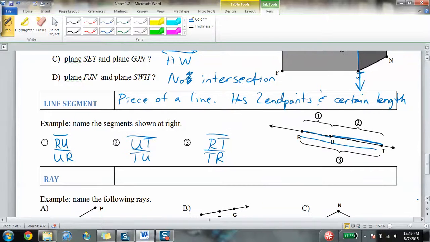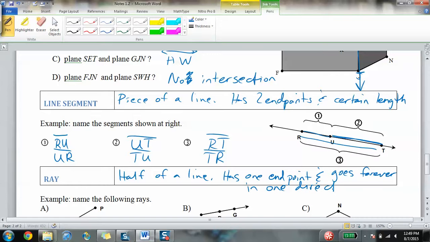However, a ray is something where it is going to matter what order we name it in. So a ray is sort of like half of a line. A ray has one endpoint, and goes forever in one direction.